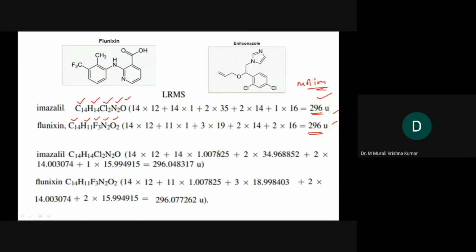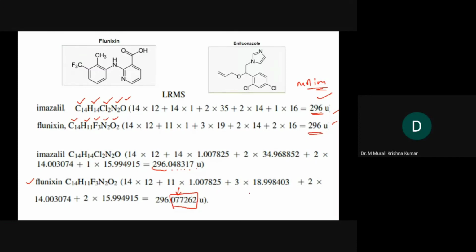If you do all this calculation, we get a value of 296.048317. Whereas if you see the second one, flunixin, the value is completely changing. So the difference is coming from the second digit onwards.